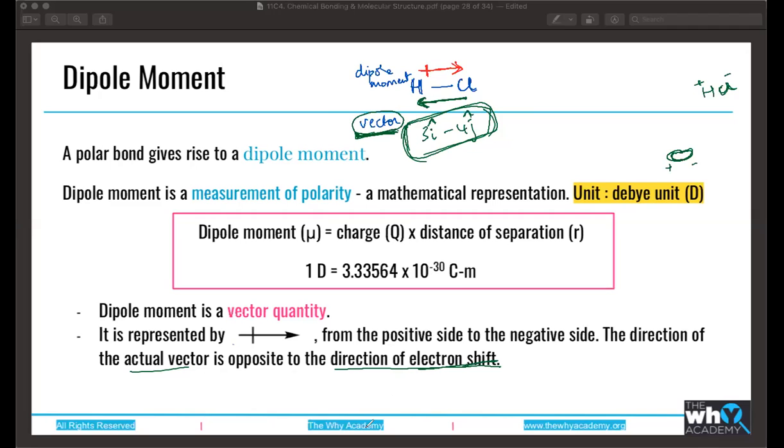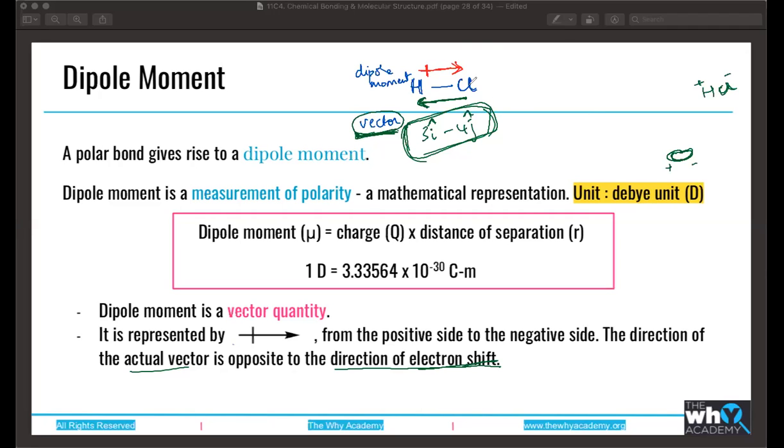It's like, for example, you have studied electricity, right? What do you mean by electric current? A flow of electrons. Now, whenever you're talking about the direction of flow of electrons versus the direction of current, it's opposite, right?